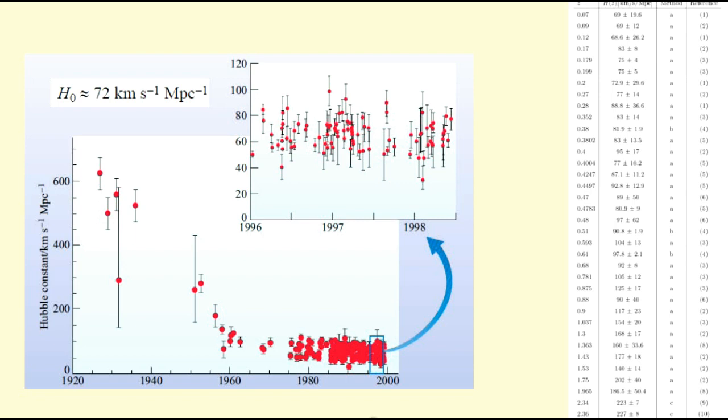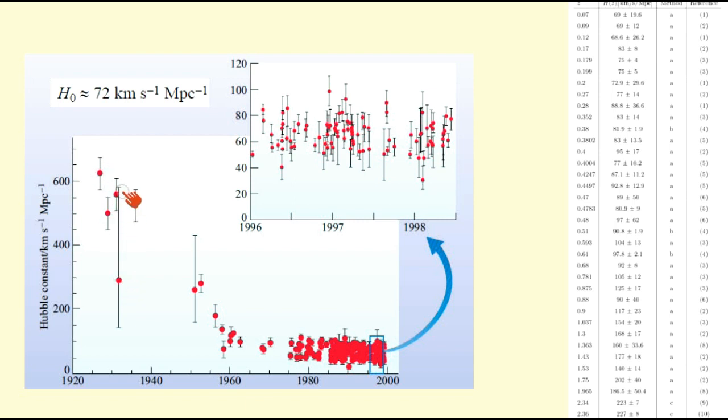What about the value of the Hubble constant? Well, you'll see from 1920 until the year 2000 that the Hubble constant in terms of the units of kilometers per second per megaparsec, really unusual units. That's a value today. But you'll see in the past it's taken ranges of values with these uncertainty bars.